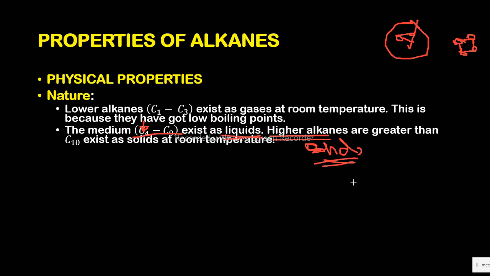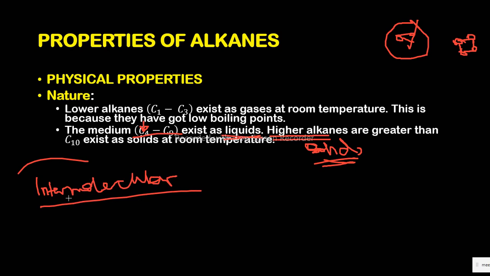So they will exist as solids. Why this? Because the intermolecular forces of attraction are strong enough to keep these molecules close together, that even at room temperature they cannot be overcome.